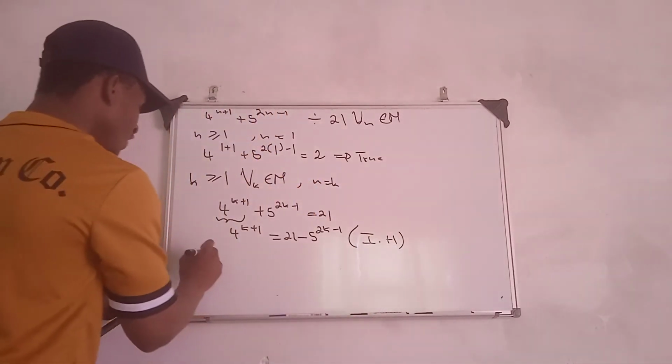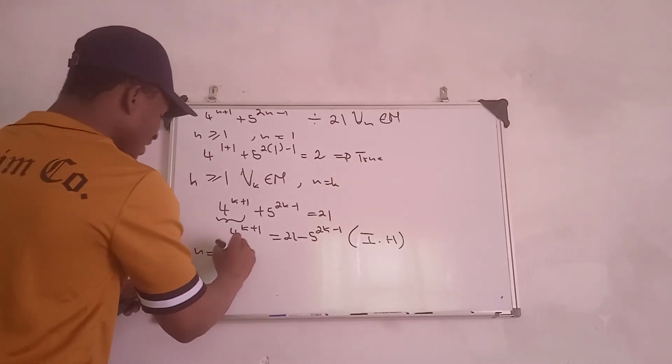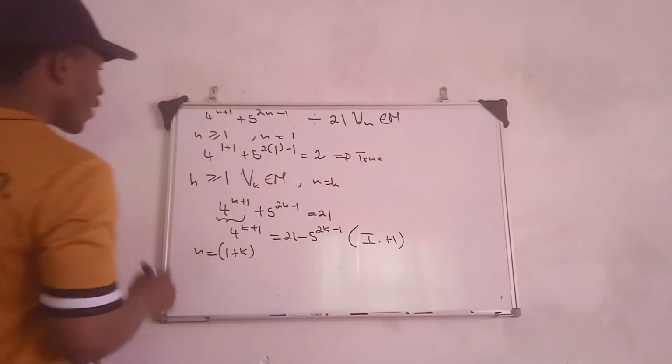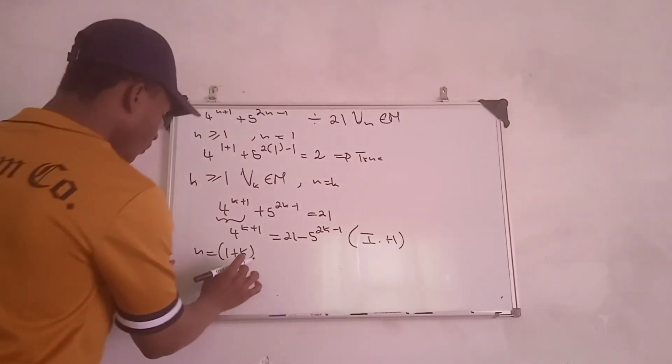And if it's true, that means n equals 1 plus k should also be true. So I'm coming back here. Wherever I see n, I'm putting 1 plus k.